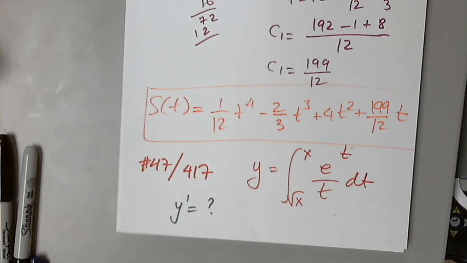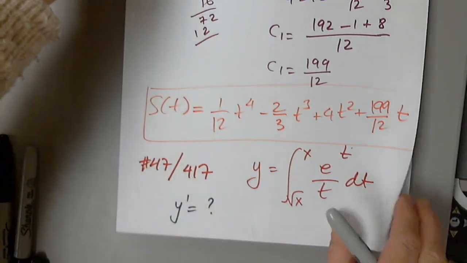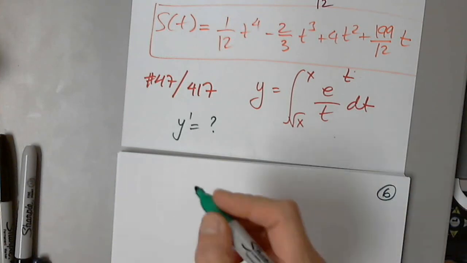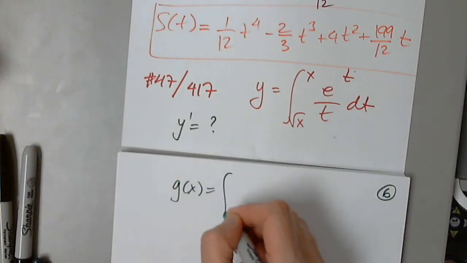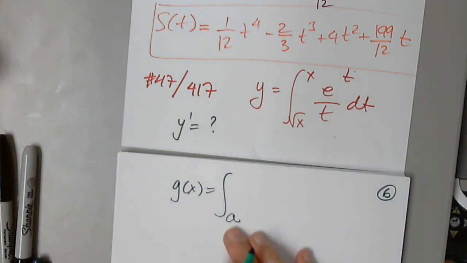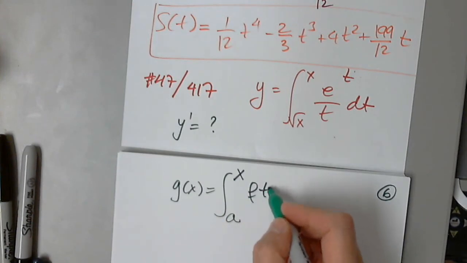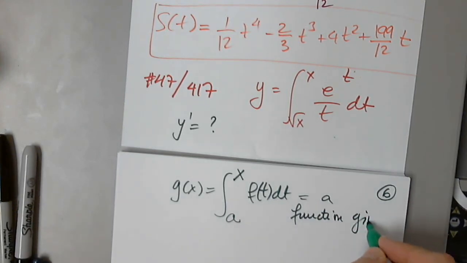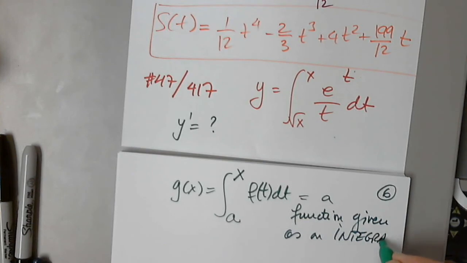But this is not prepped for that. So let me refresh your memory on Fundamental Theorem of Calculus Part 1. This is g of x, an integral from any number to x of f of t dt. This is a function given as an integral, but it's still a function.